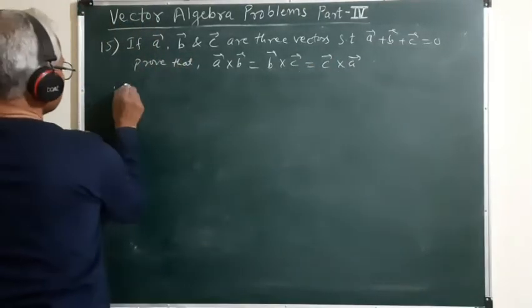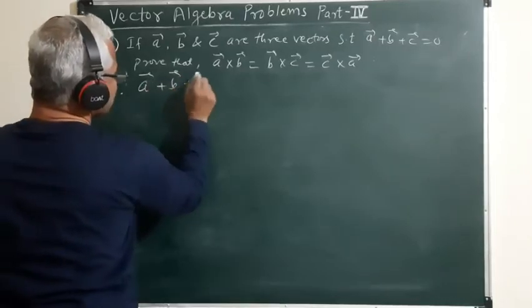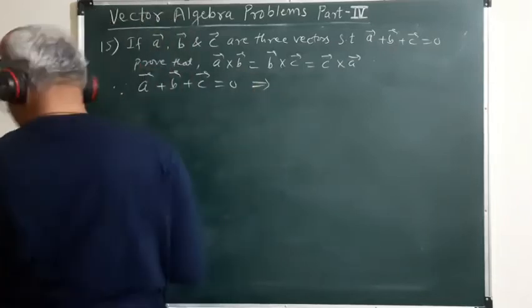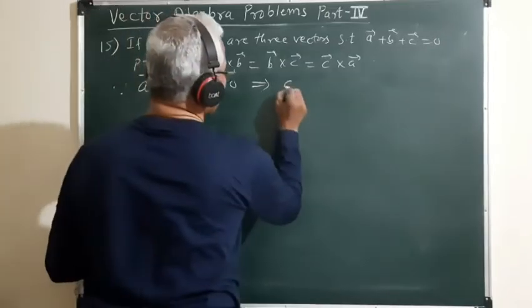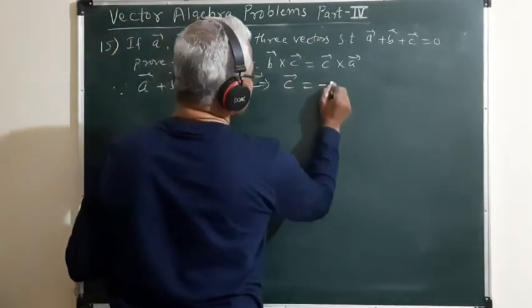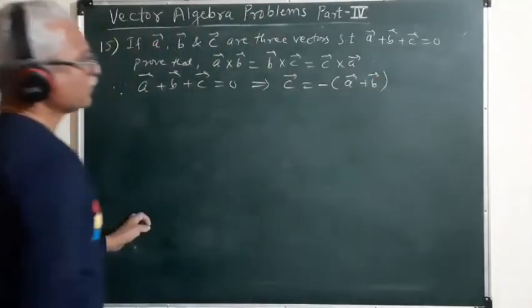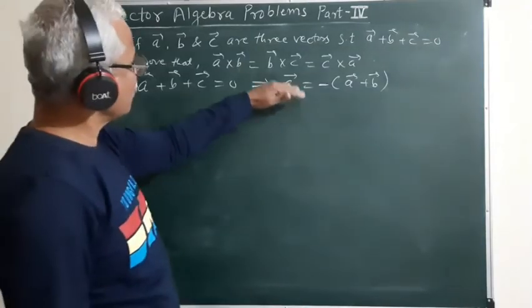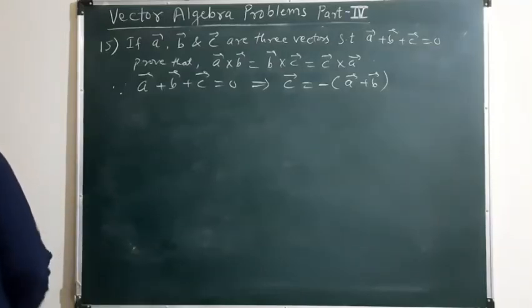Since we are given that a bar plus b bar plus c bar is equal to 0, this implies that the vector c bar can be expressed as minus of a bar plus b bar. Using this expression for c bar, we can evaluate these three cross products.